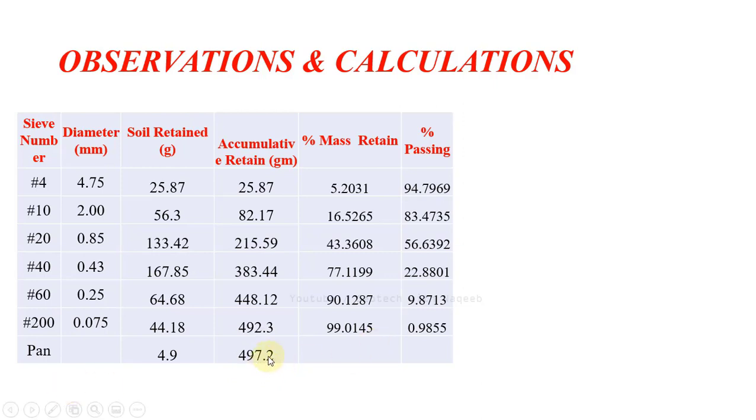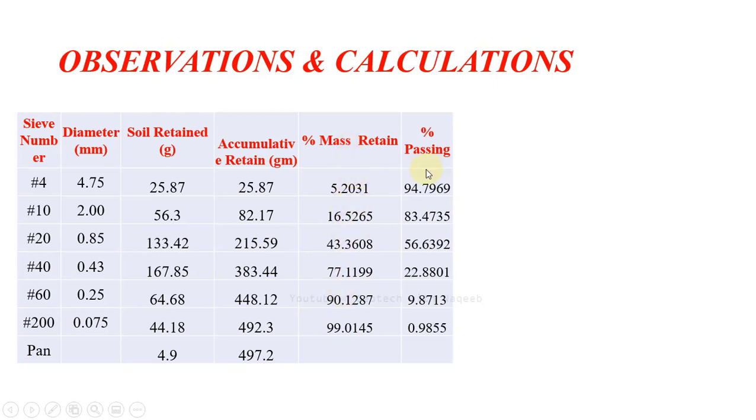It is possible that you might have taken a 500 gram soil sample, but to find the percentage retained, you divide 25.87 by 497.2 and multiply by 100 and you will obtain 5.2. Then again, 82.17 divided by 497.2 times 100 gives 16.526, and so on. Now you will be able to complete this column.